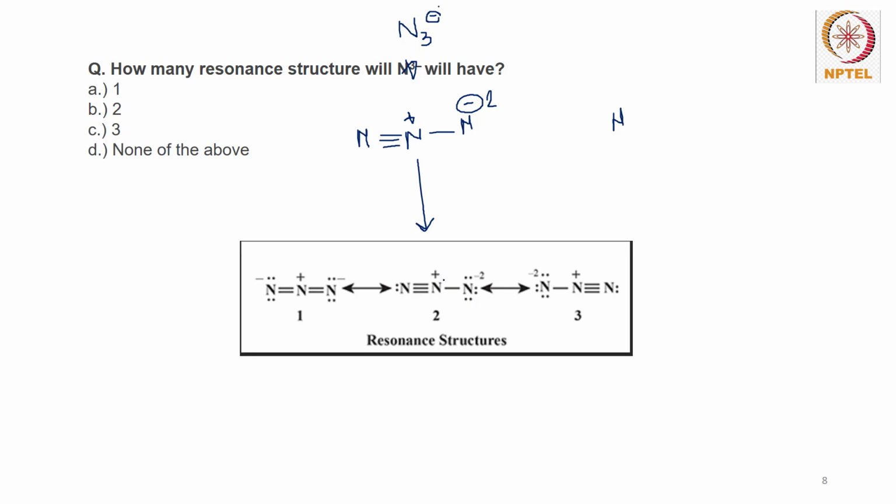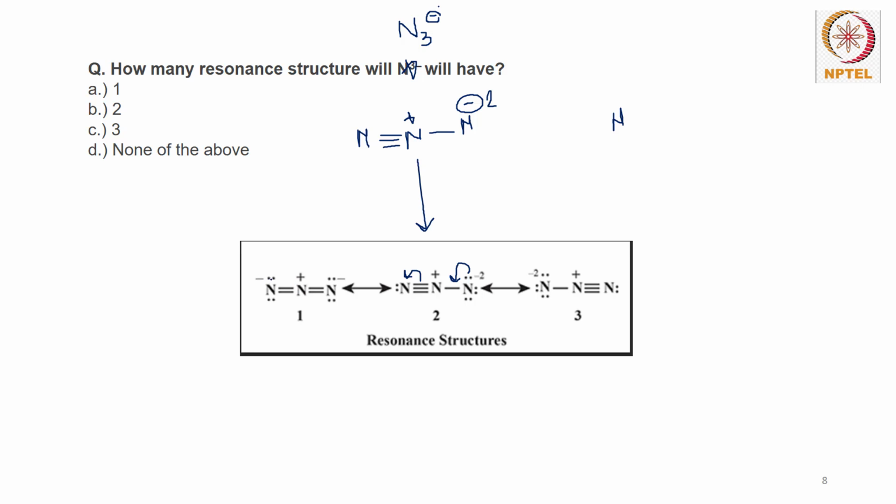If we show the resonating structure, what will it be? If it gives one of the electrons to this one and this moves here, then you will get this structure, where these 2 nitrogens are negatively charged because it has given 1 electron. So 1 negative it has given, so it will be 1 negative, and it's still 4 bonds, so it will be positive.